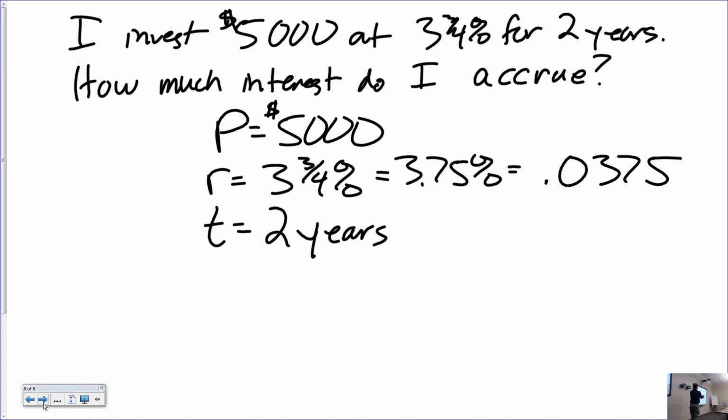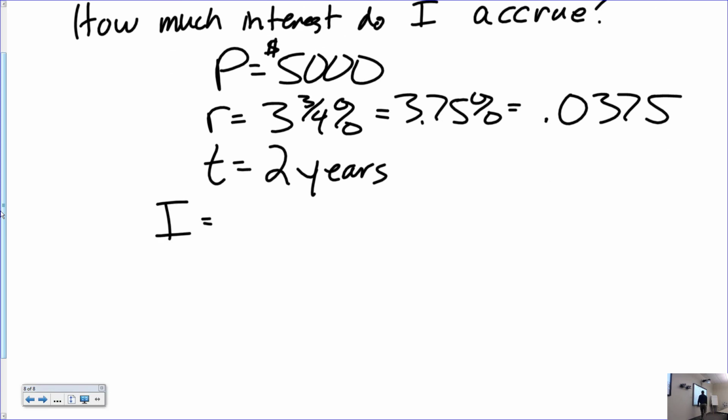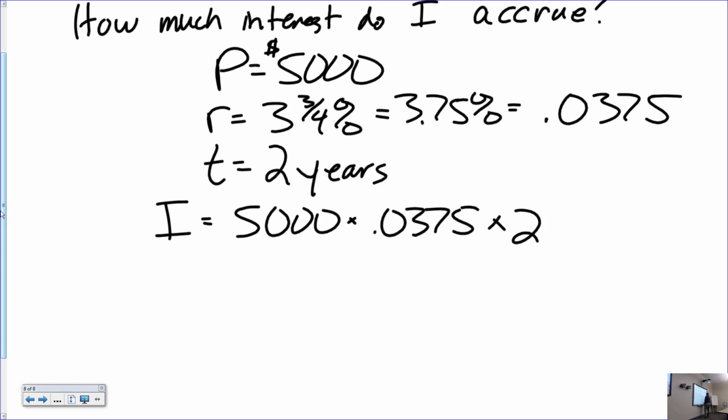All right, so then how am I going to calculate my interest? Yeah, just multiply it, all right? Because the formula is I equals PRT, so 5,000 times 0.0375 times 2.